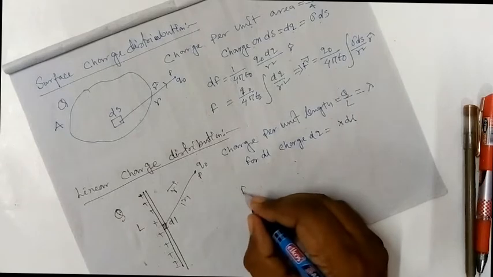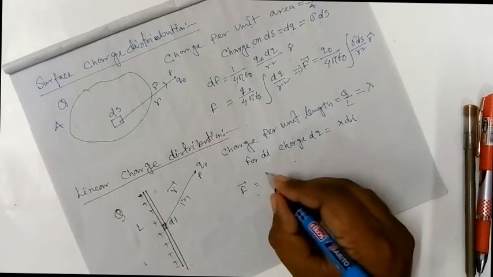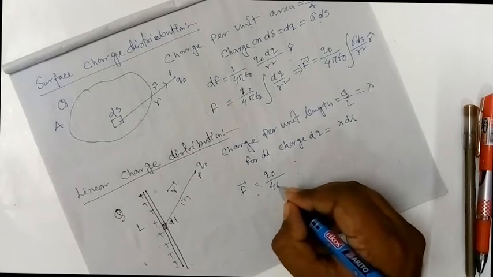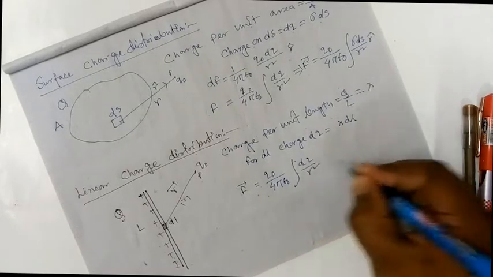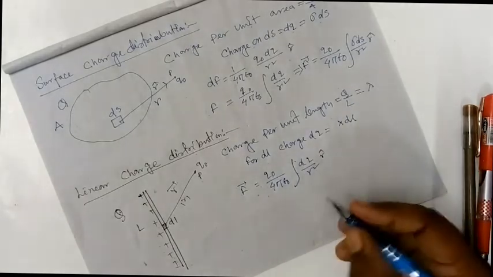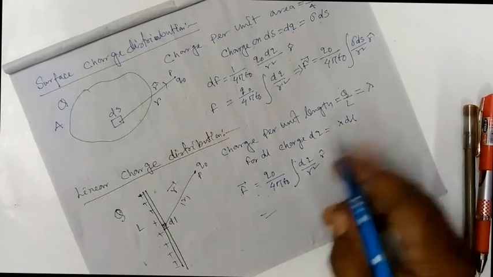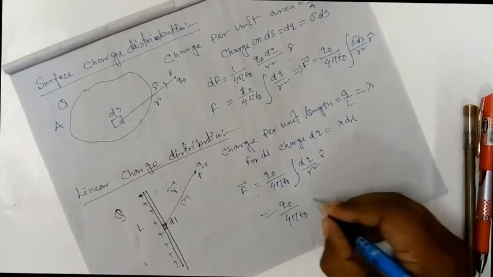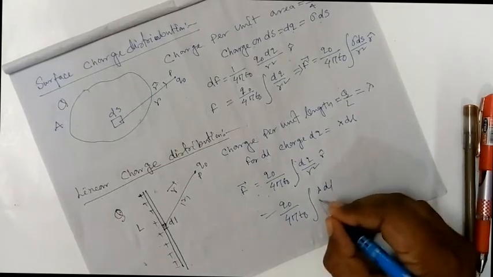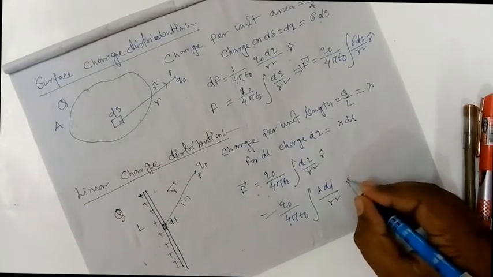So directly I can write down force F equals q naught by 4 pi epsilon naught integration of dq by r square r cap. Instead of dq we have to put lambda dl, that is q naught by 4 pi epsilon naught integration of lambda dl by r square r cap.